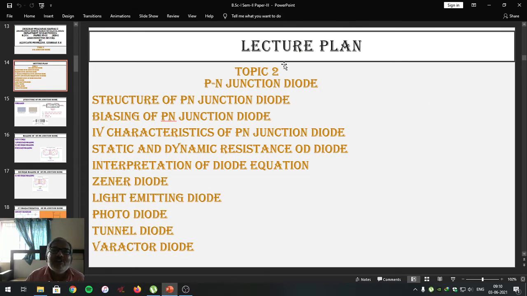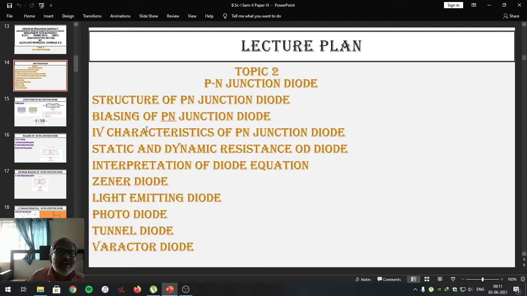How are we going to proceed with that topic? We are going to begin with topic number 2, that is the PN junction diode. We'll start with the structure of PN junction diode, meaning how a diode is formulated. Then we are going to study biasing of PN junction diode, how a diode is biased, the meaning of biasing.